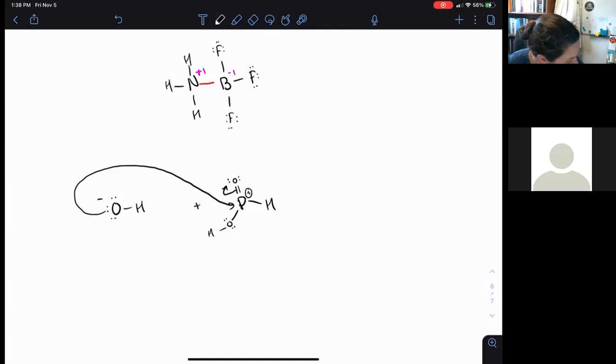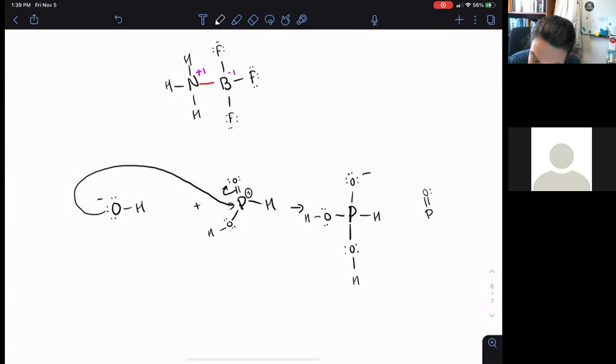When we did that, we get a negative charge there, that right there, that right there, and then that right there, which would have a resonance form, like so.